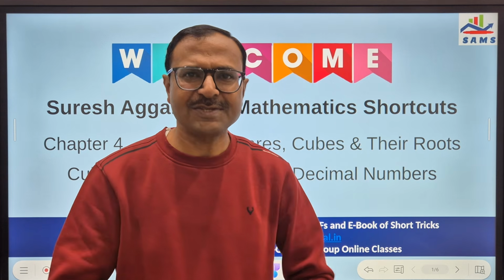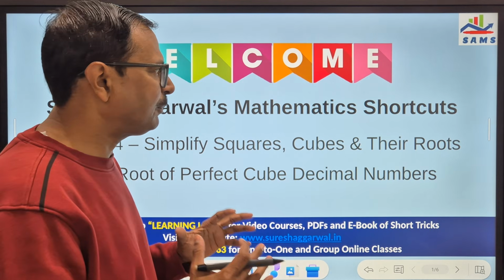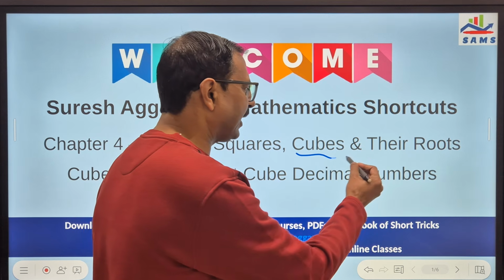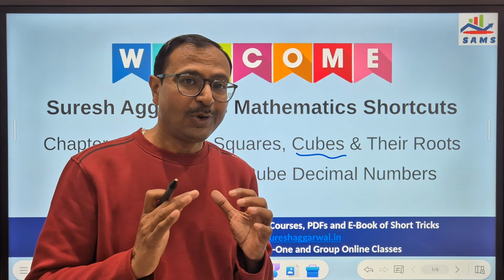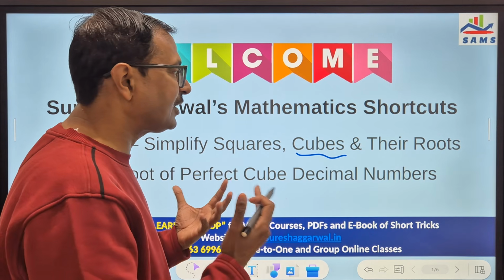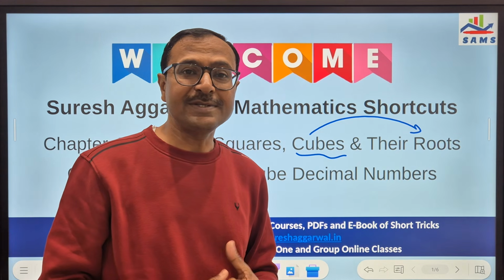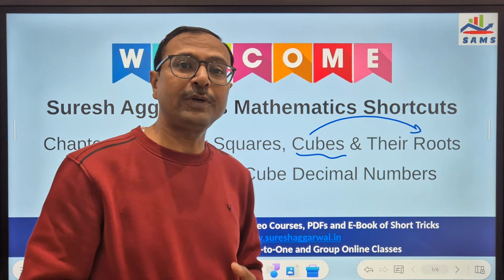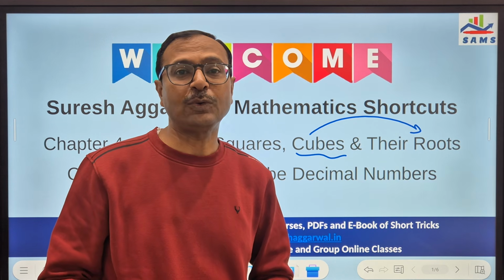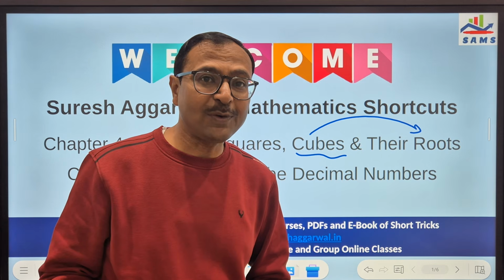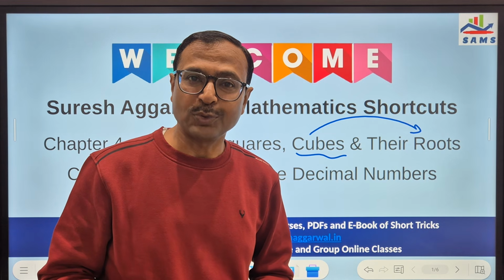So what do we have in this video? We have posted so many videos of cubing, and once you start finding the cubes, finding the cube root also becomes easy, because if you know cubes up to 10, it helps you calculate the cube root also, and that you have seen in the previous video in which I told you the beauty of the observation method of finding the cube roots.